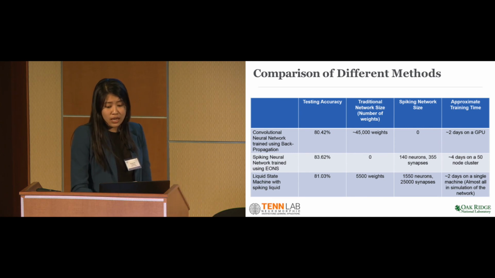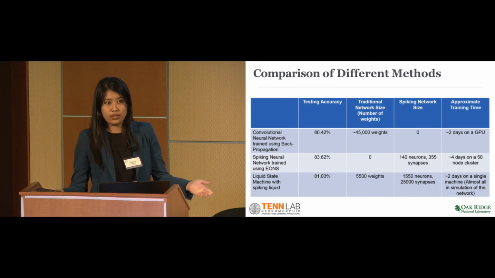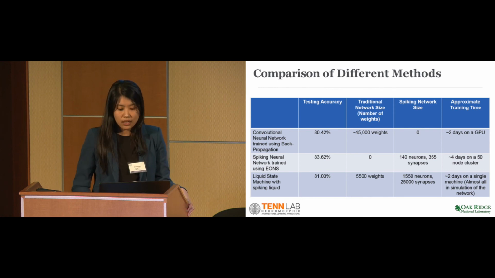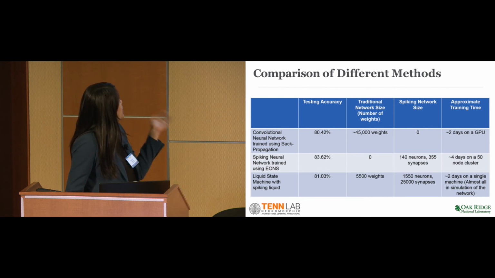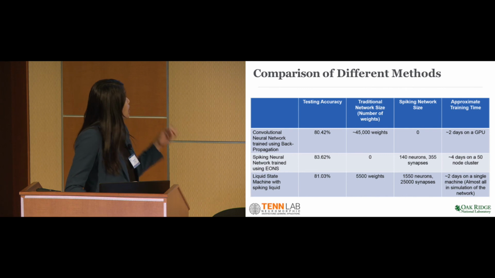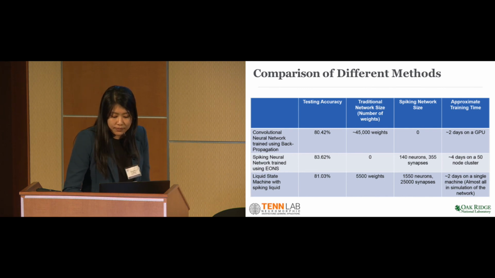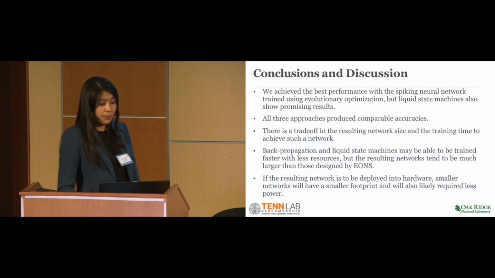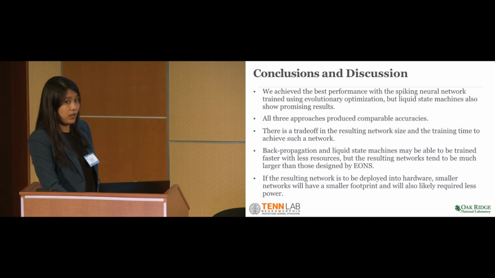However, in many cases, if you consider the cost of training worth it for getting a smaller network size and smaller energy estimate, I think we can go for the spiking neural network trained with EONS. And if you're trying to get a network very fast, very small, and with smaller training time, I think the liquid state machine will be a very good approach. Before I wrap up, these are some key points that I'd like all of you to take home.